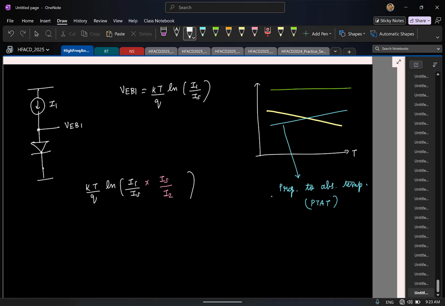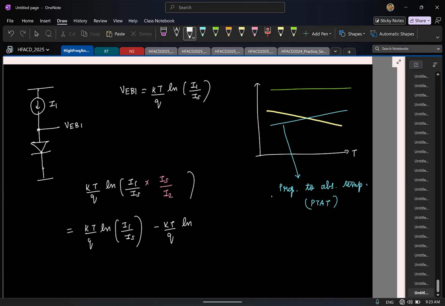So now use your math preparation for JEE and expand it. kT by Q ln of I1 by Is. And how can I write the second term in a more practical format? Plus kT by Q, or minus kT by Q ln of I2 by Is.